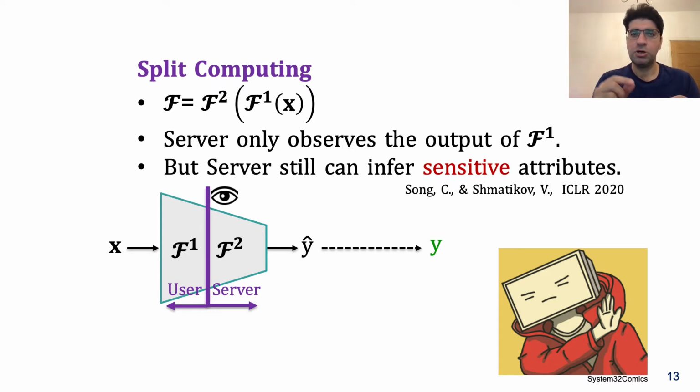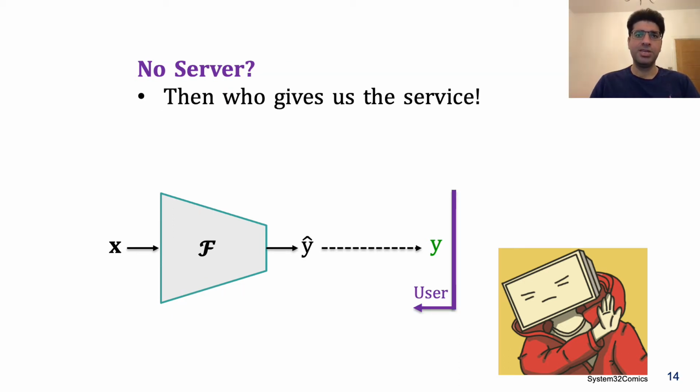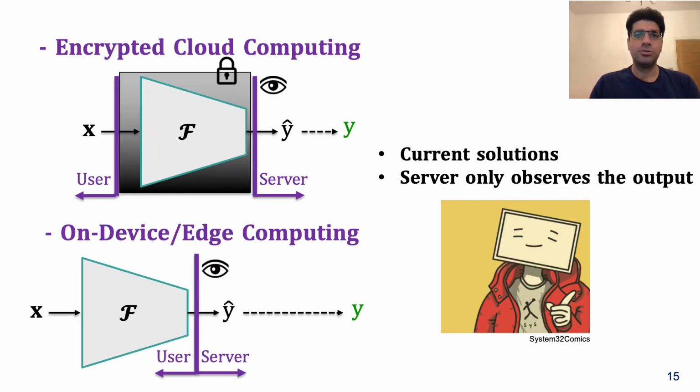But it is shown recently that even in this case, the server can infer sensitive attributes by observing the output of the first part. Maybe we can completely ignore the server, but it's not possible in the real world. Current practical solutions are either encrypted computing or edge computing, where the server only observes the output of the model.